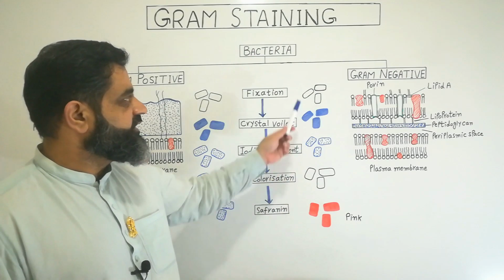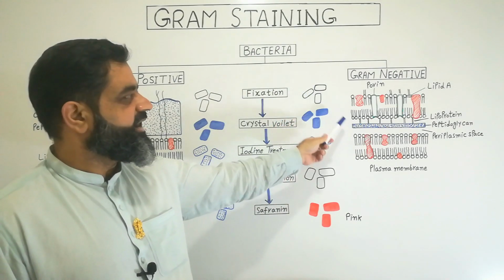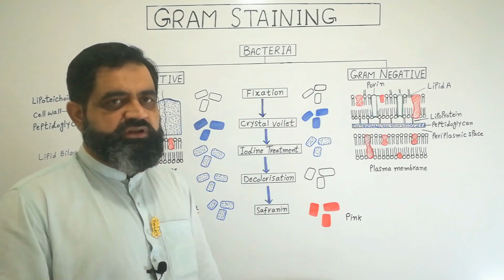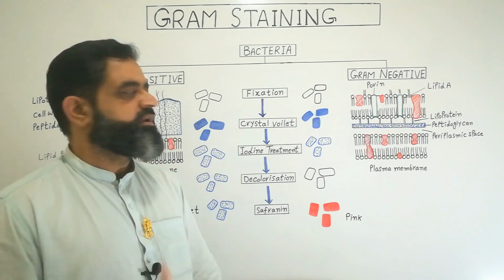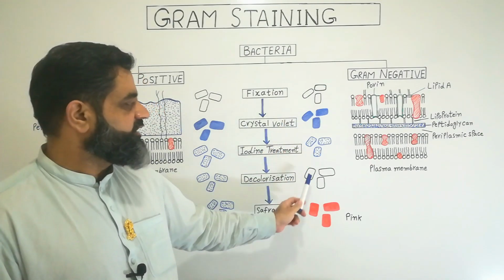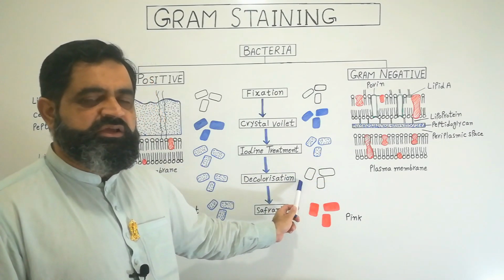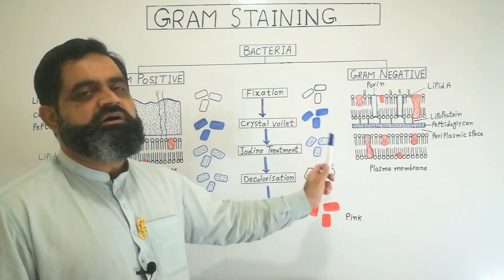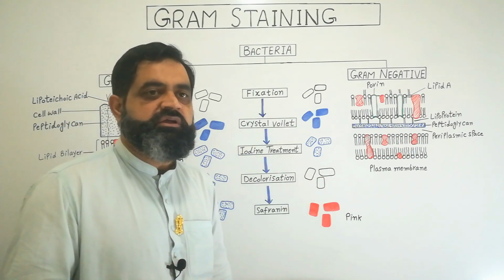What happens with the gram negative bacteria, which had a very thin layer of cell wall, a very thin layer of peptidoglycan? They will lose their color, the crystal violet which we used to stain them, and become colorless. It means these bacteria are gram negative, but the procedure has not finished yet.